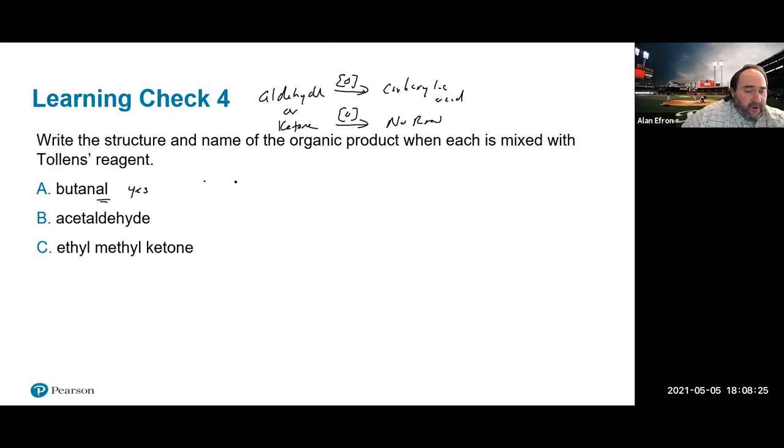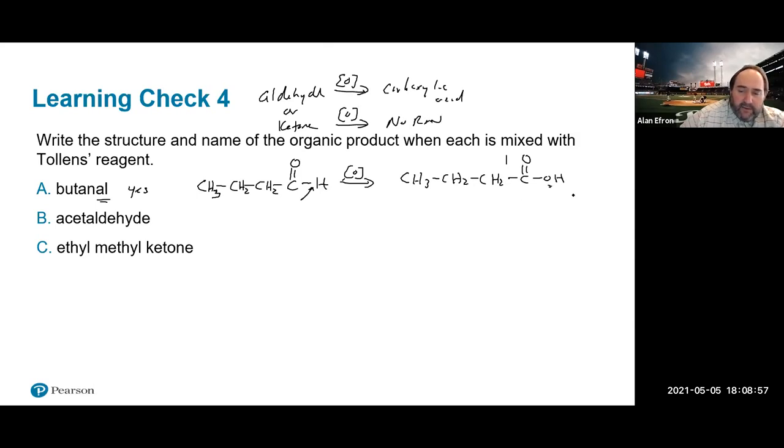Butanal is 4 carbons. Al means it's an aldehyde at the end there. So this starts looking like this. It goes through the oxidation here. And again, what that means in this case is we're going to actually just place in there our oxygen. And we would end up with this as our product, with that oxygen that's been inserted.